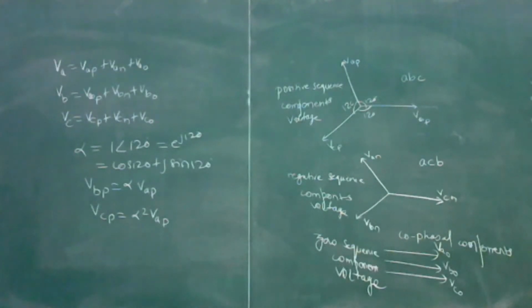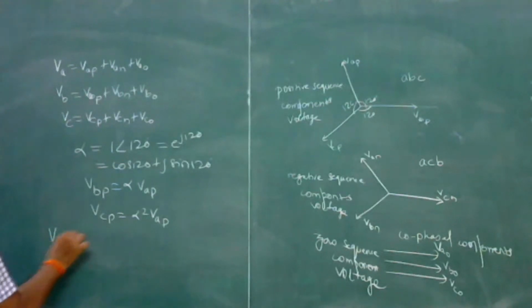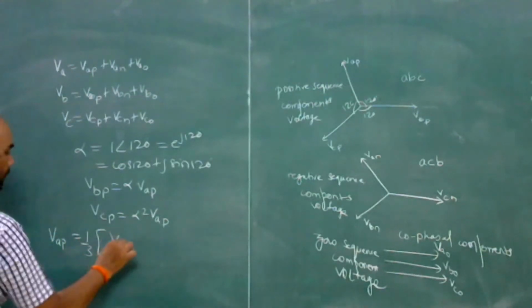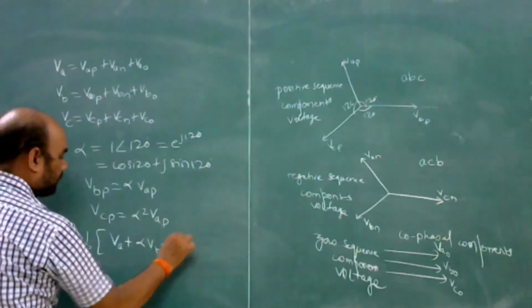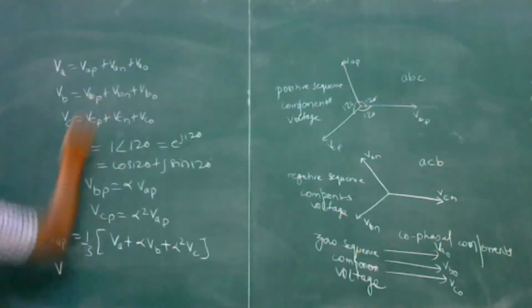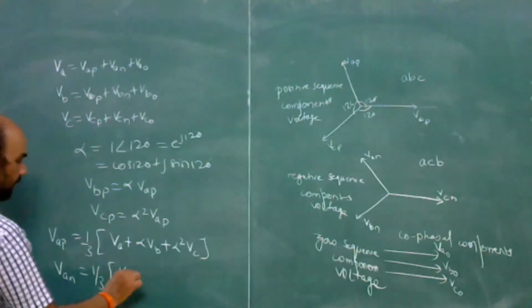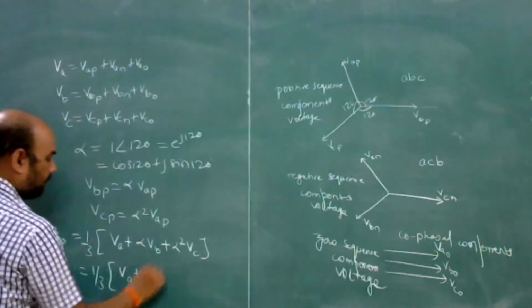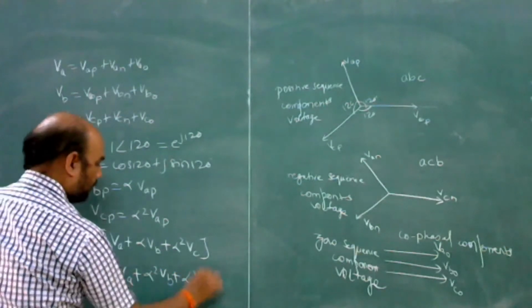So we can write VA1 is equal to 1/3 of VA plus alpha into VB plus alpha square into VC. VA2 is equal to 1/3 VA plus alpha square VB plus alpha into VC.